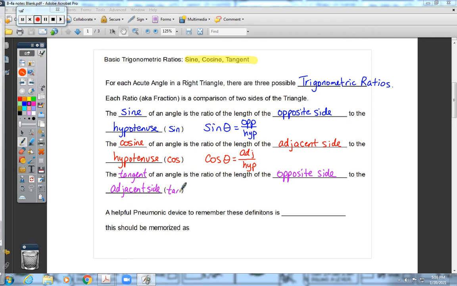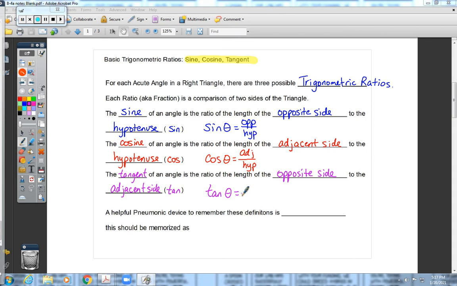Tangent is abbreviated T-A-N, and that is the third trig button that exists on every scientific calculator. Again, notationally speaking, we would say tangent of the angle, whatever angle we're working with, is equal to opposite over adjacent.